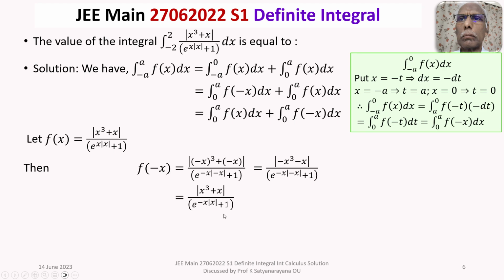So that's what we have written. So here mod of minus x is mod x only. When x is positive it would be minus x square, but for the time being it is only mod x. Agreed. So f of minus x is this one.